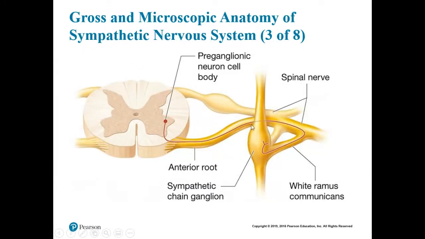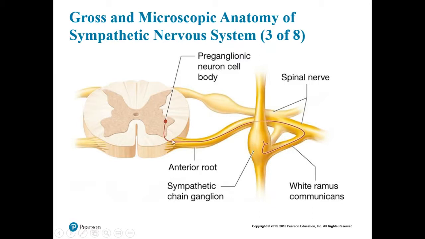So what we're looking at here is a ganglion that is very close to the spinal cord. Therefore, this must be sympathetic. The point from this slide is that the action potential that is sent from the brain down the spinal cord into the sympathetic ganglia is going to flow in this direction, from the preganglionic neuron.